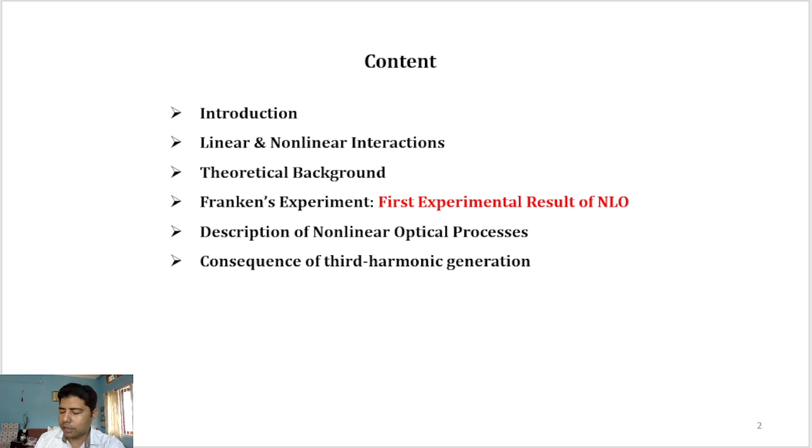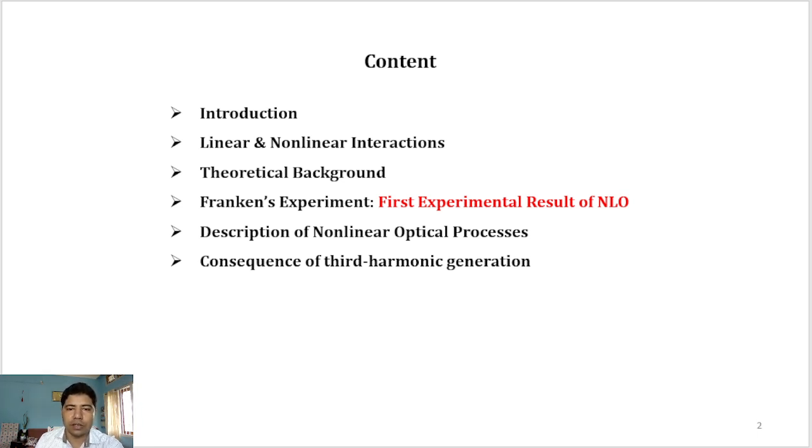We'll first give a brief introduction about what nonlinear optics is, and the linear as well as nonlinear interactions of light with material. Then a little bit of theoretical background on where nonlinear optics came to the fore. Then Franken's experiment, which is the first experiment that resulted in the observation of nonlinear optics.